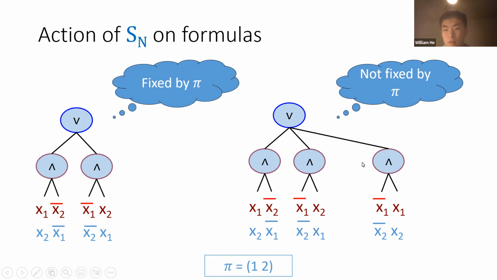The second one, I've added this artificial asymmetry, and it will not be fixed by pi because this subformula will get sent to the and of x1, not x2 and x2, and there's no tree isomorphism that maps the new formula back to the old one.